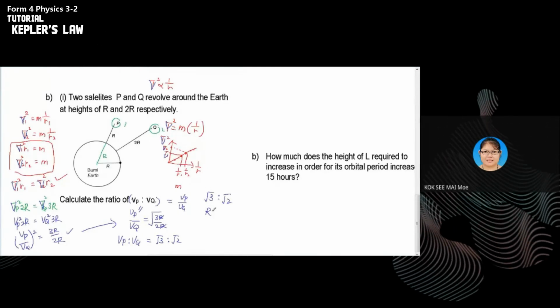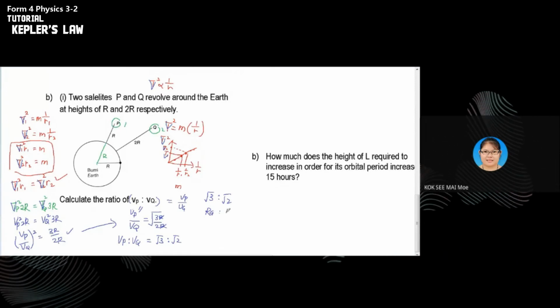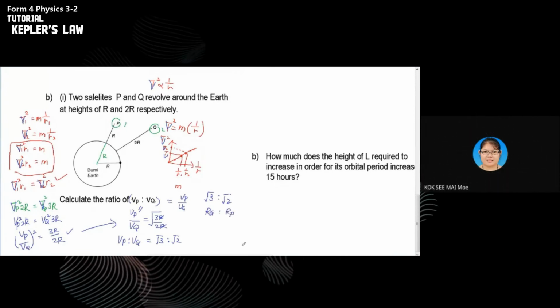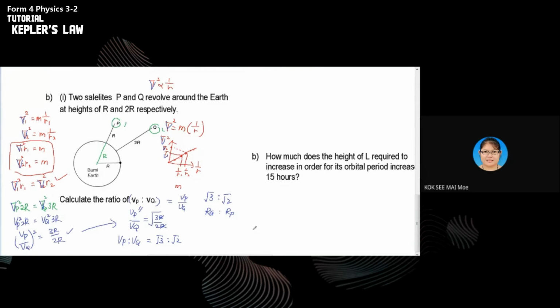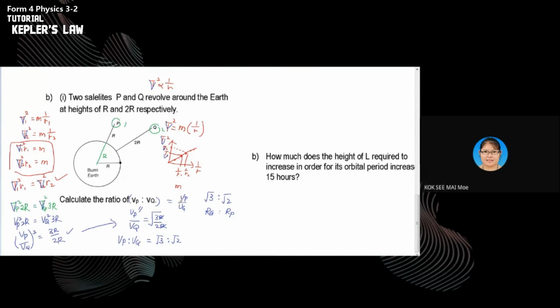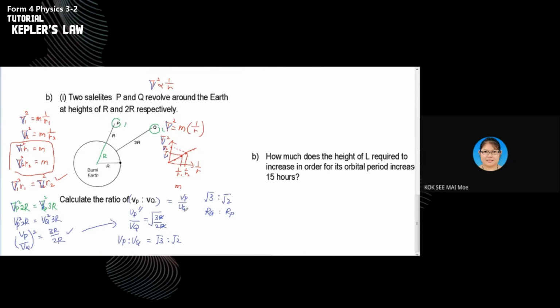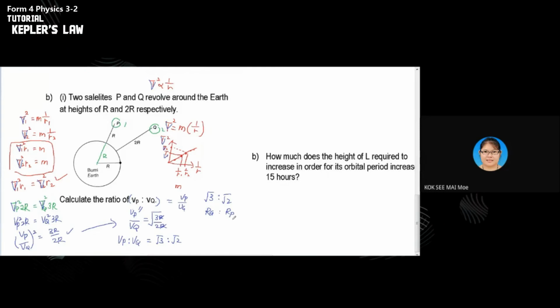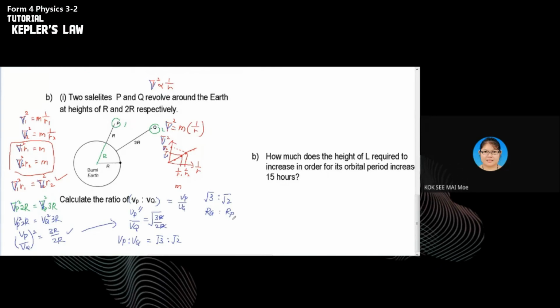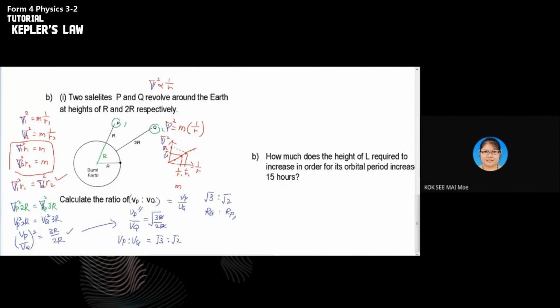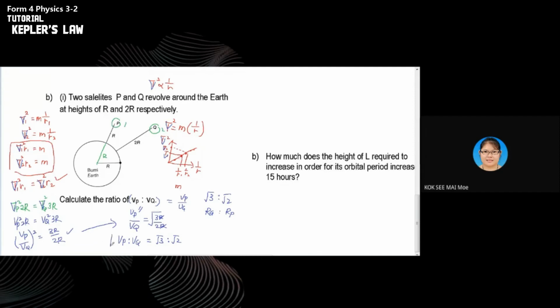Okay, RQ ratio RP. Reversing VP ratio VQ, then this one is RQ ratio RP. Because when you divide, when you want to move up, you need to flip it. So this one is the final.